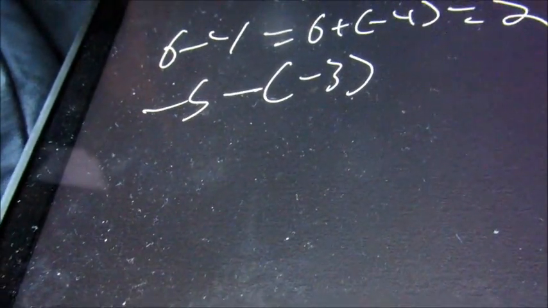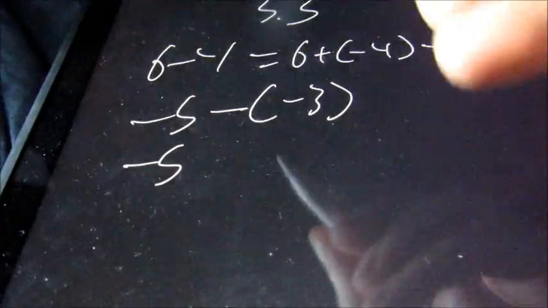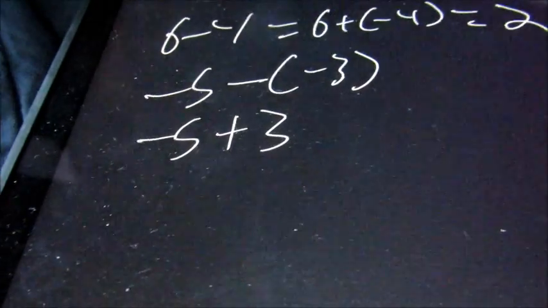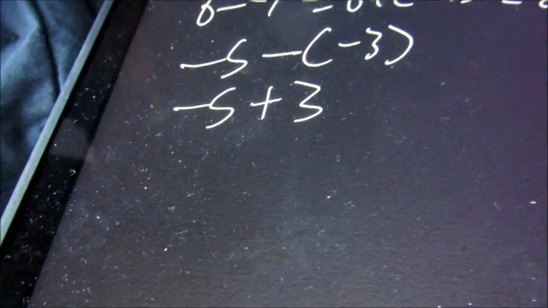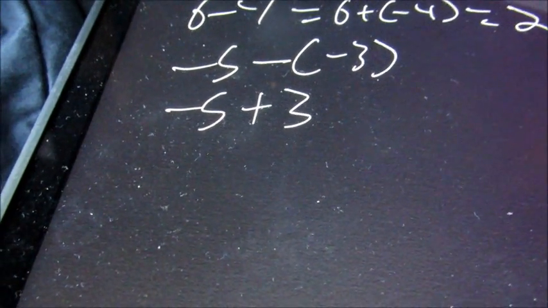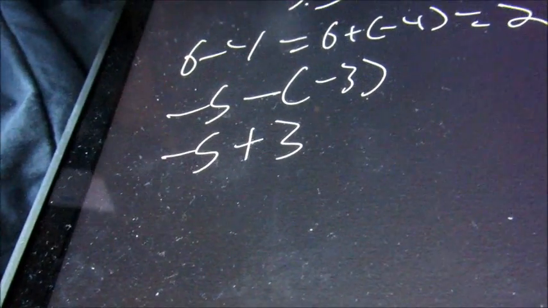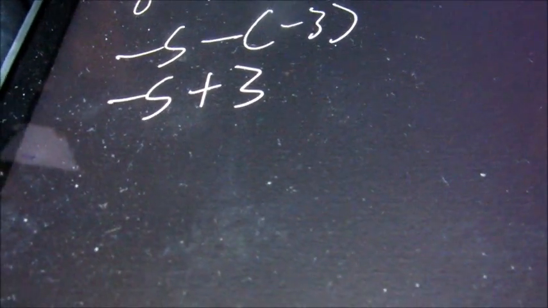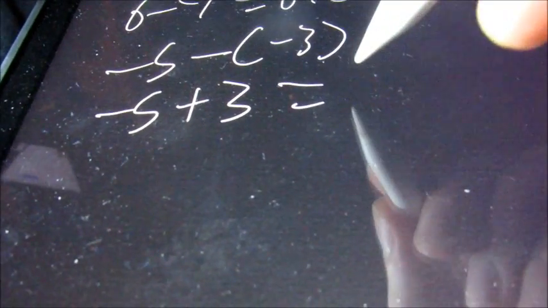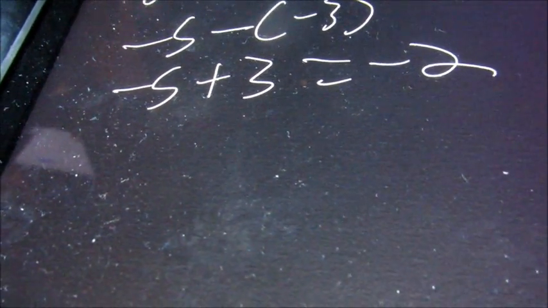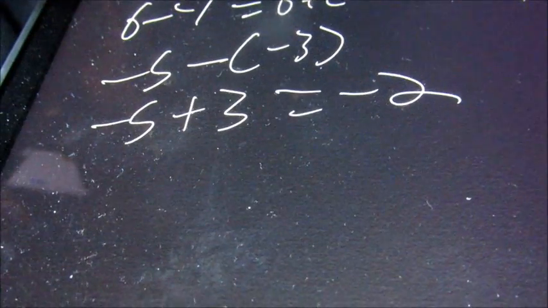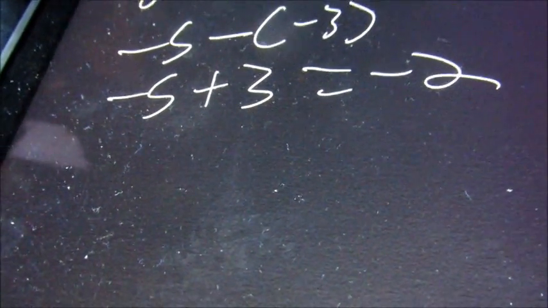So here, because we have minus, you can change it into a plus. So negative 5 plus 3. When we're going back to section 3.1, where we're just changing the signs and turn this into a subtraction, it's going to be a negative 2. 5 minus 3 is 2. Keep the sign of the 5.